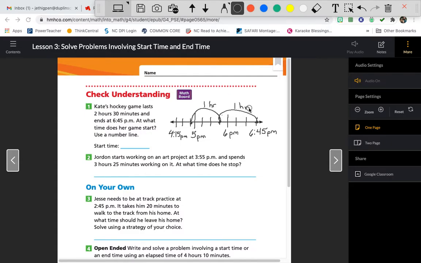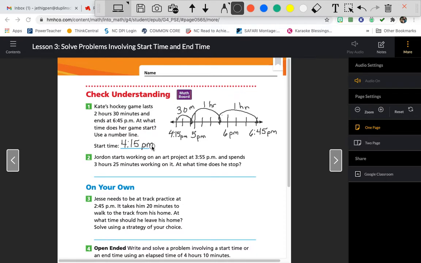And then we need to do 30 minutes. So from 4:45 to 4:15 will be 30 minutes. So the start time for the game would be 4:15 p.m. and this is called elapsed time.